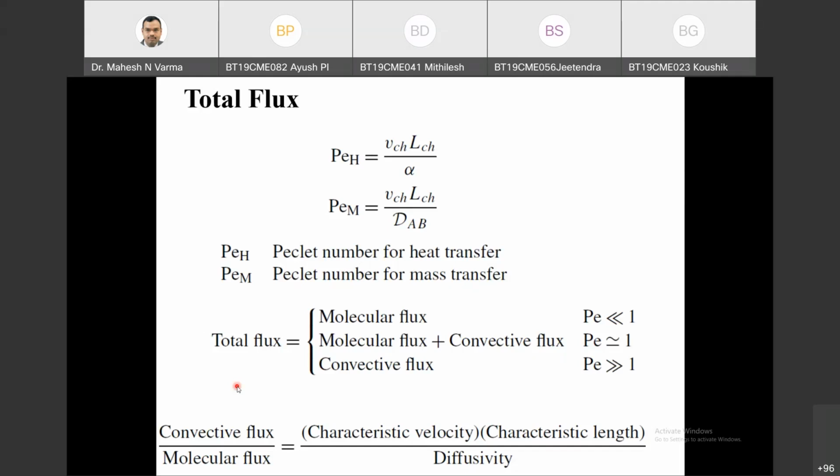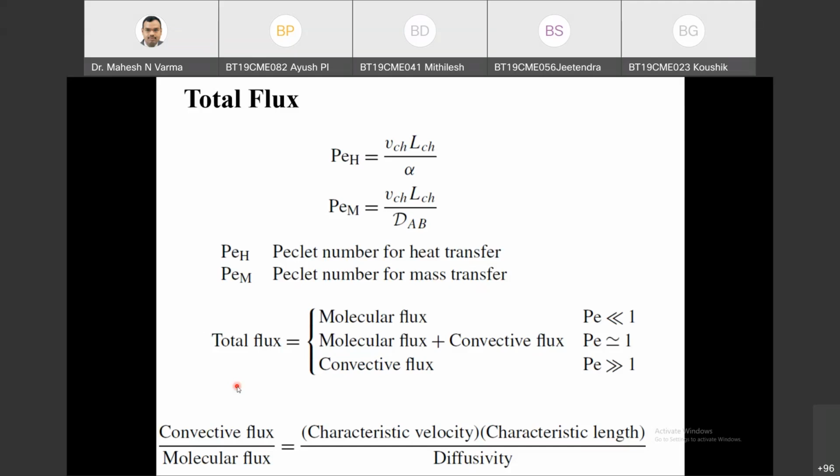If the Peclet number is very, very high, the convective flux is very fast, so the limiting one is the molecular flux, and you can design the system according to the molecular flux. If the design criterion is only flux, you can design everything based on molecular flux. Since the convective flux is very high, it will be away from this limiting case.